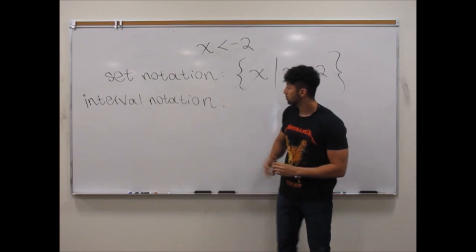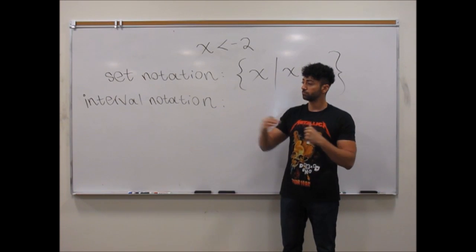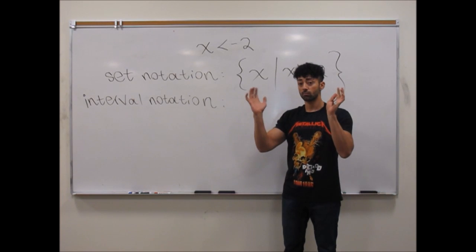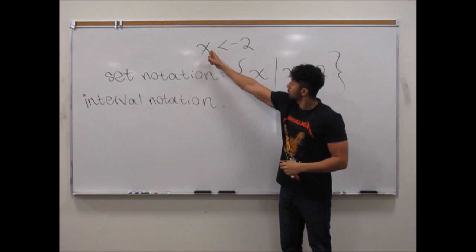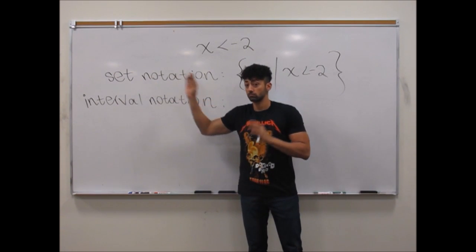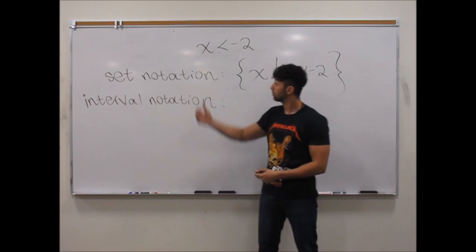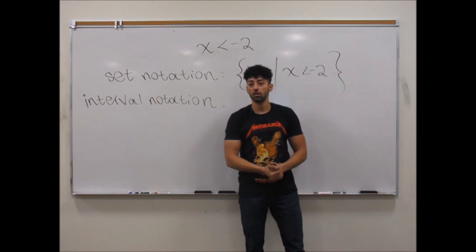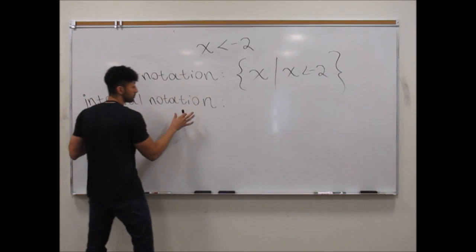Now when we move on to interval notation, it really comes down to using parentheses and brackets and the infinity symbol, because we're saying x is less than -2, so if we keep going to the left an infinite amount, we're going to get to -infinity, and if we go to the right an infinite amount, we'll get to +infinity. So we just like to denote that when we use interval notation.